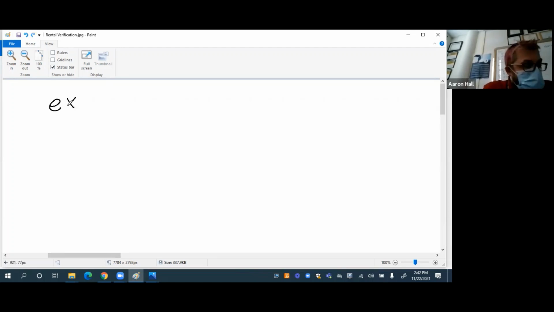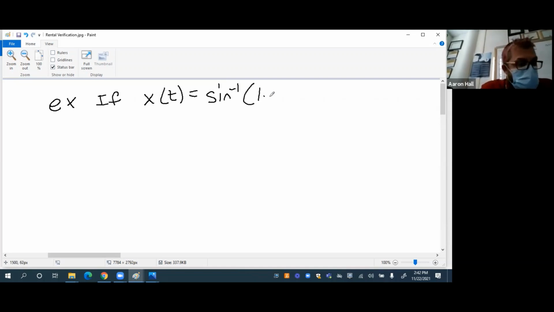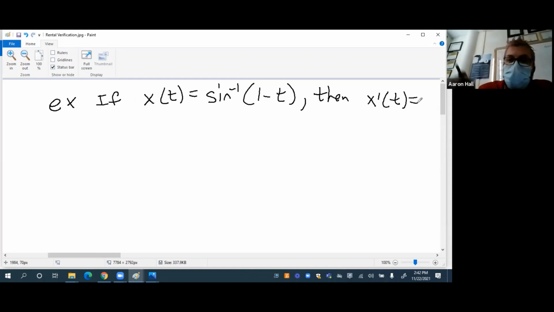Here's our example. If x of t equals the inverse of sine of 1 minus t, then x prime of t equals what?